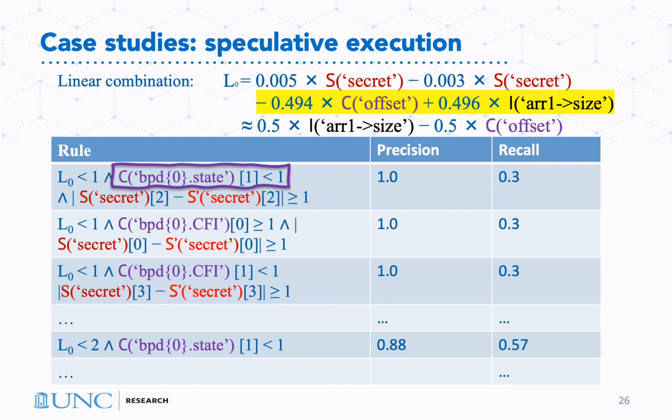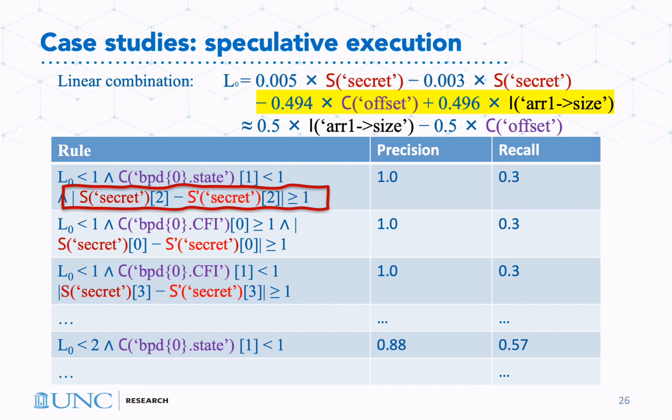The second predicate inside of this rule is about the controlled variable. It indicates that the state of the branch predictor should be set to not taken. The reason to have this condition is because we ruled out in-boundary leakage. To cause the interference, the rule also requires that some bits in the secret are different from another secret value.